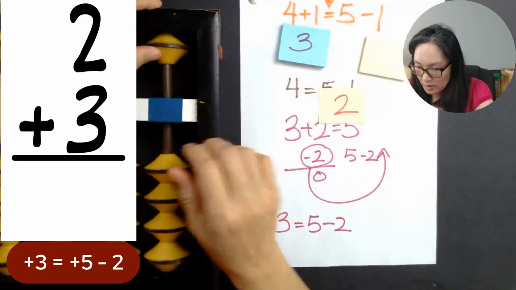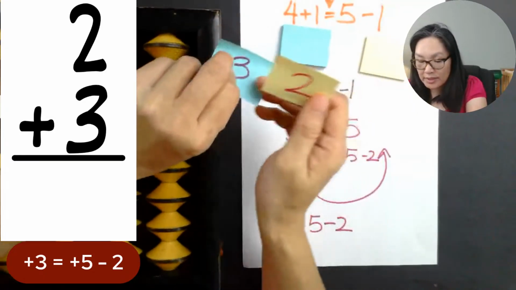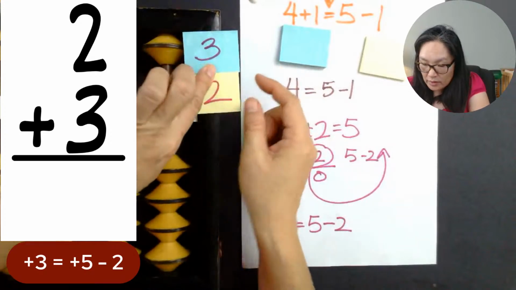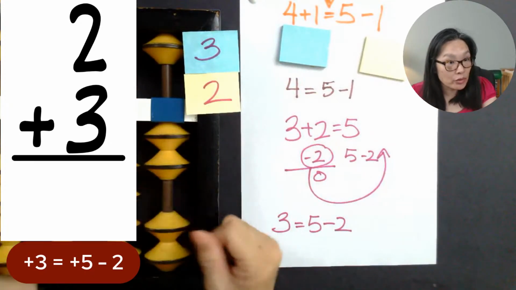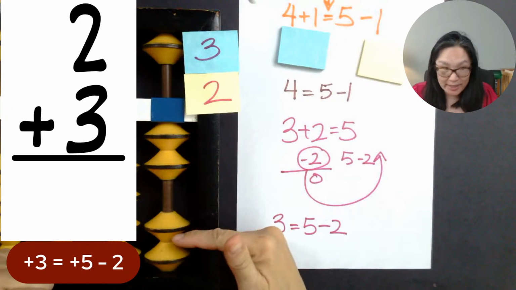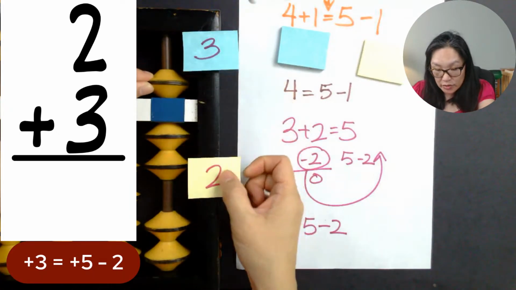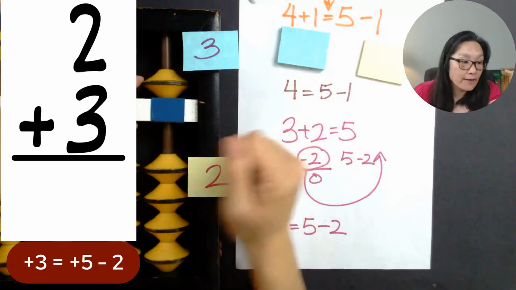Well, remember, our 5 is 3 plus 2. So 3 plus 2, that's our 5. So this is how we're going to do it. We have 2, and then we have to add 3. To add 3, we want to plus the 5 and then take away the 2. That is our answer. So our answer is 5.